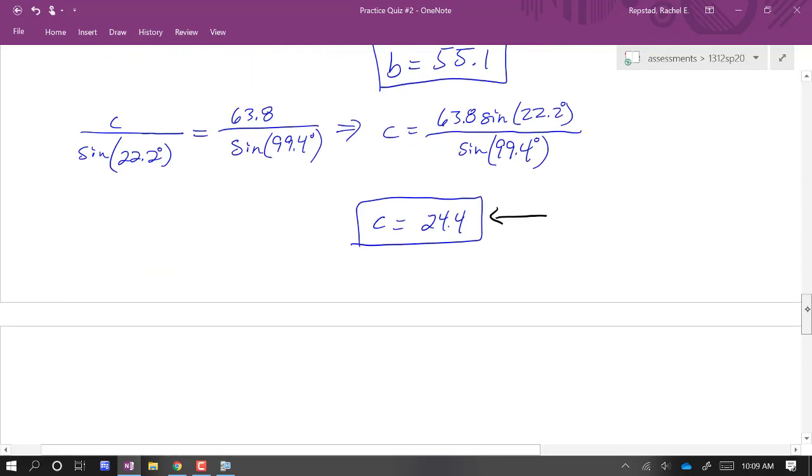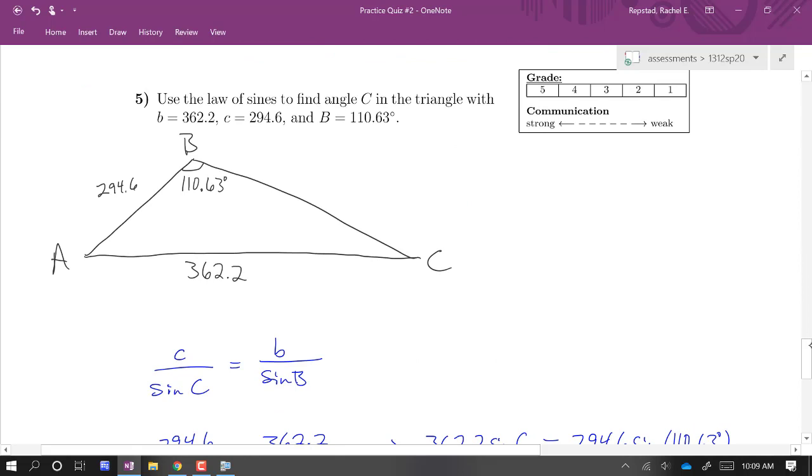And then use law of sines to find angle C. We had to draw our own triangle. They gave us an obtuse angle, so this is not an ambiguous case scenario. I don't have to worry about that. I'm a creature of habit, and whenever I have an obtuse angle, I almost always draw it at the top for some reason. So there's angle B at the top.